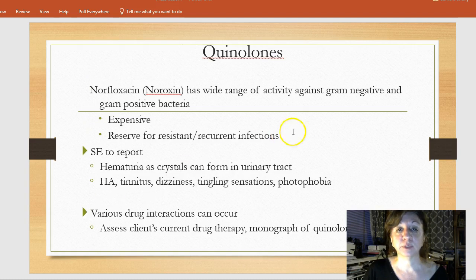Quinolones, one example is norfloxacin. There's quite a few of these types of quinolones. Cipro is one you probably heard before. And these have more of a broad spectrum antibacterial effect. Can be used for other things. Great against gram-positive, gram-negative.